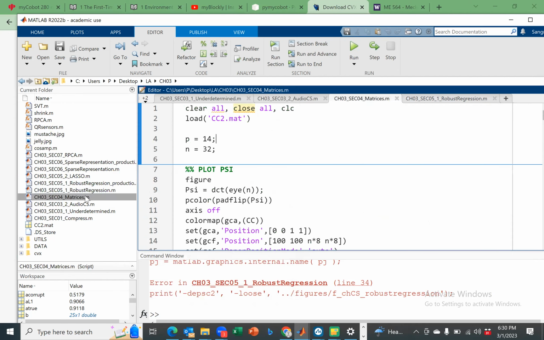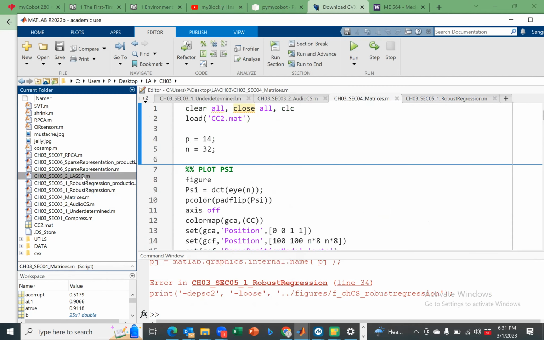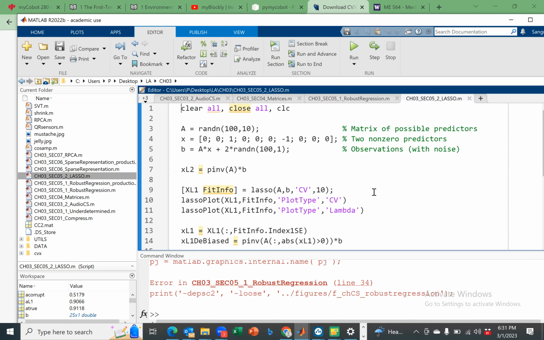The next part is something called lasso, and I need to discuss what lasso is. So I'm going to go on to my whiteboard and let's discuss what lasso is.